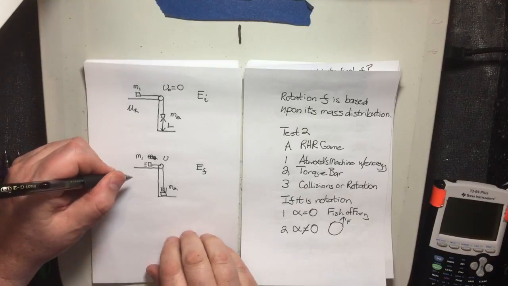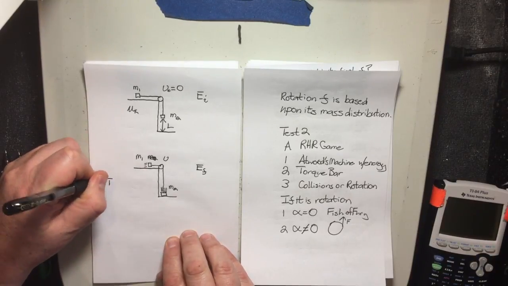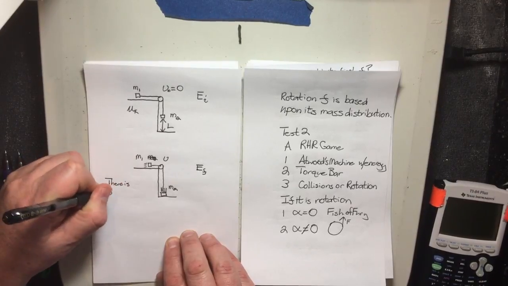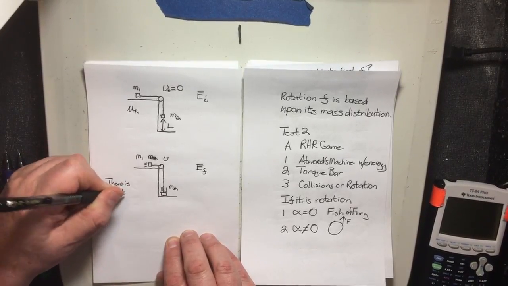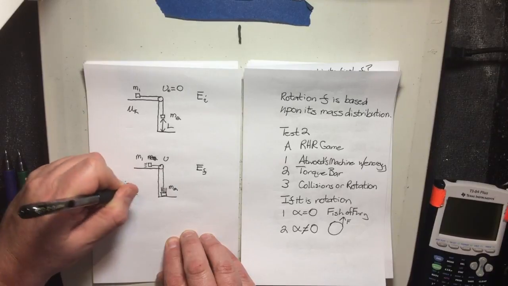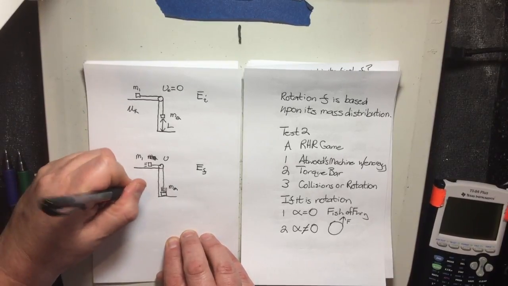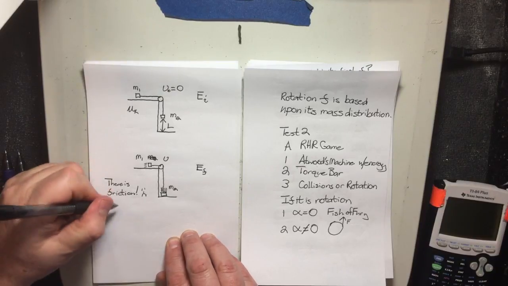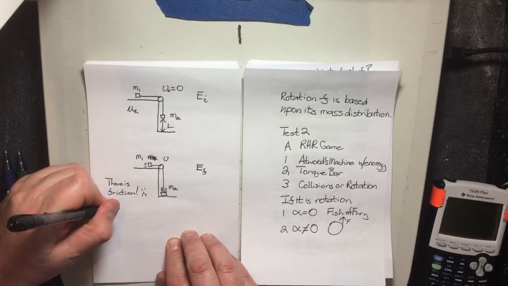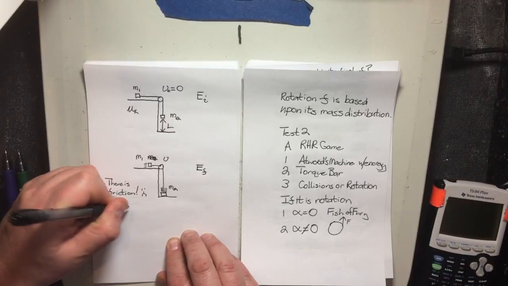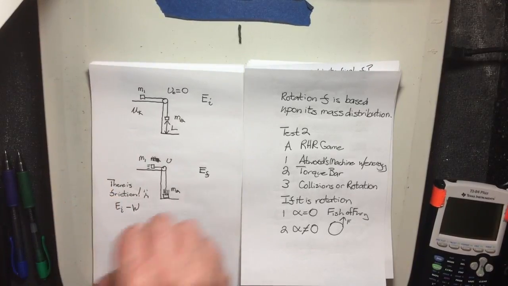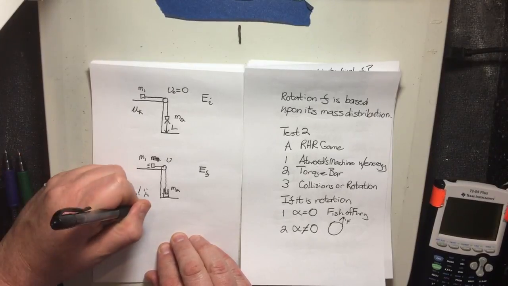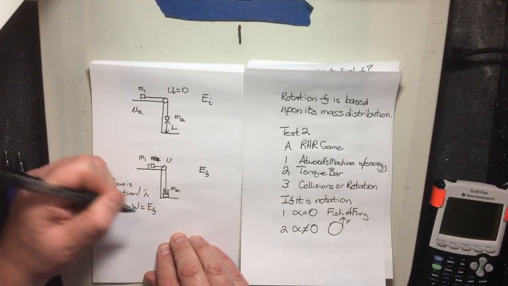Now, there is friction, boo, friction. So we know that the energy that's initially there minus the work removed through friction is equal to the final energy.